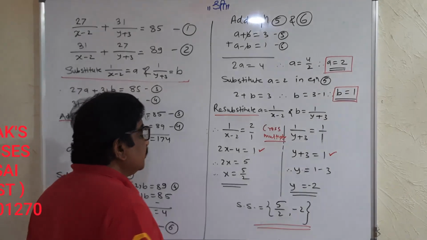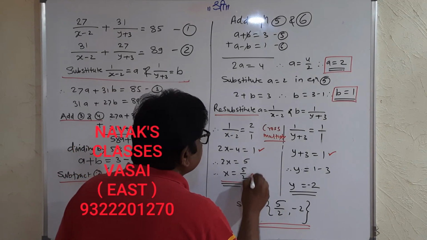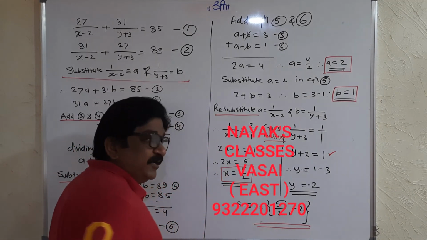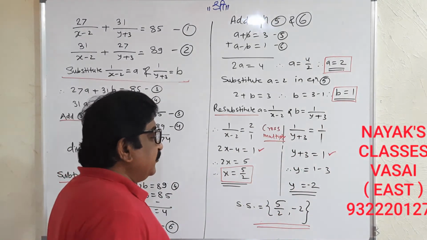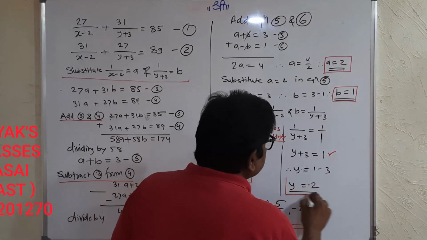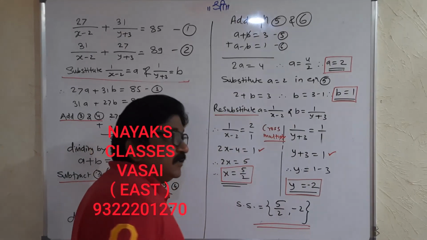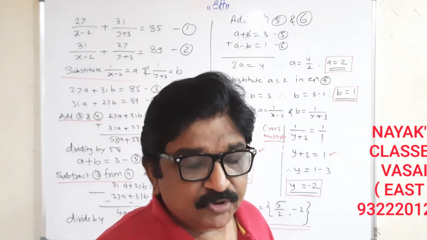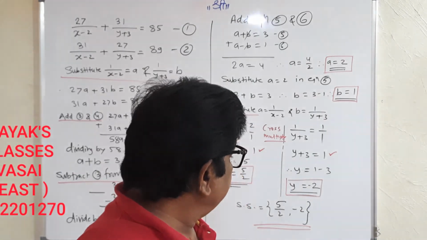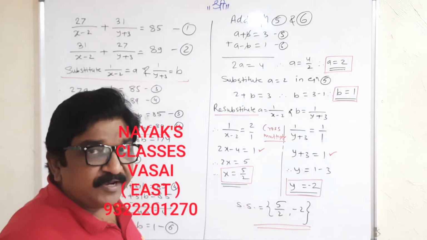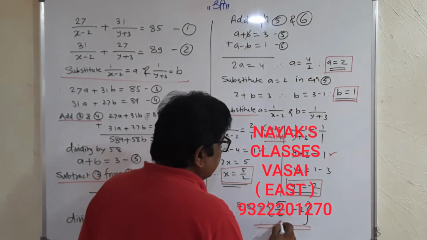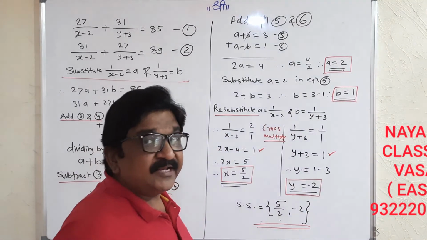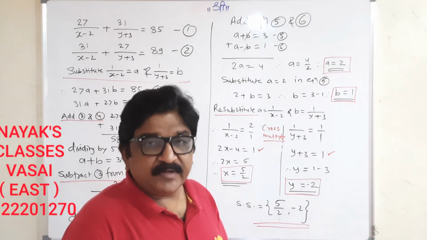And final answers, x is equal to 5 upon 2 and y is equal to minus 2. So it is a solution set. Solution set is 5 upon 2 value of x and minus 2 value of y.